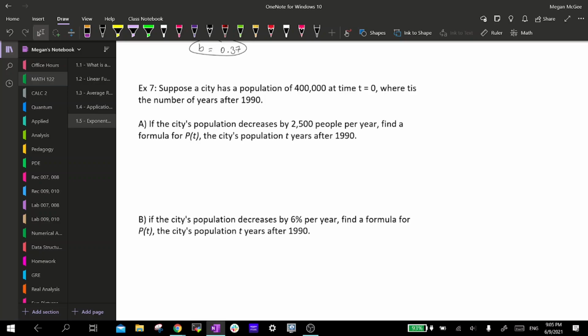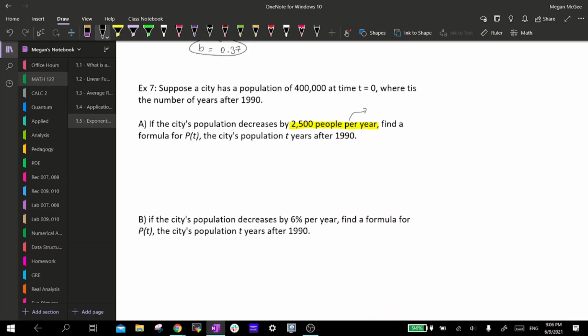I'm going to give you a second to think about the wording of this question. We have just spent a whole section talking about exponential functions, and so immediately you're probably thinking, okay, exponential function. However, read it carefully. We have a decrease of 2,500 people per year.